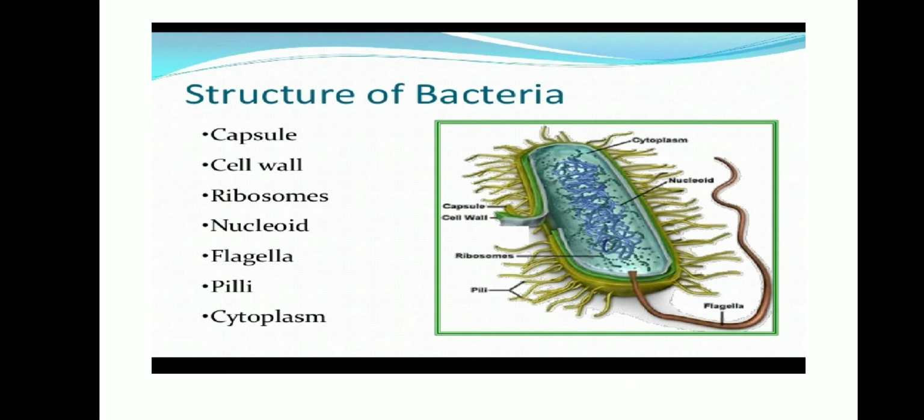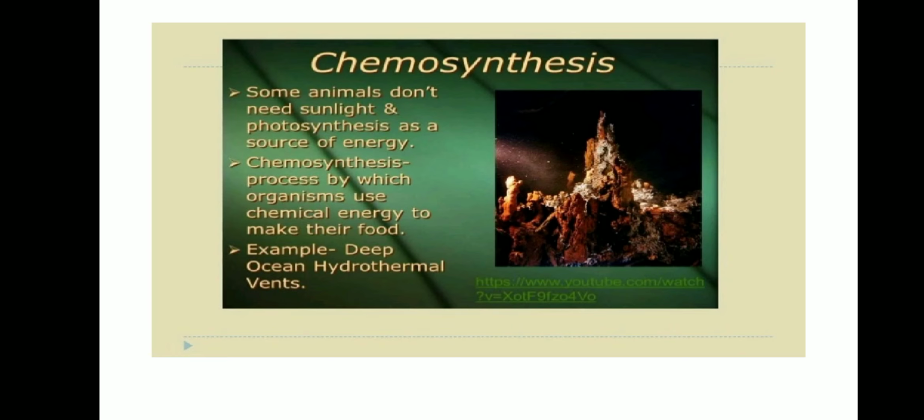Some kinds of bacteria live in harsh environments. Those bacteria cannot get sunlight. If it's under the ocean, near a volcano, they cannot get sunlight. There, they get energy with the help of chemicals.